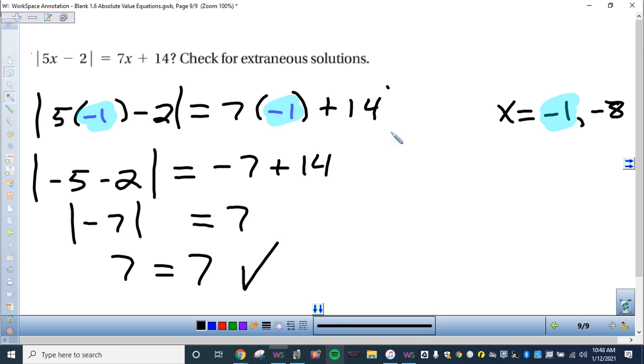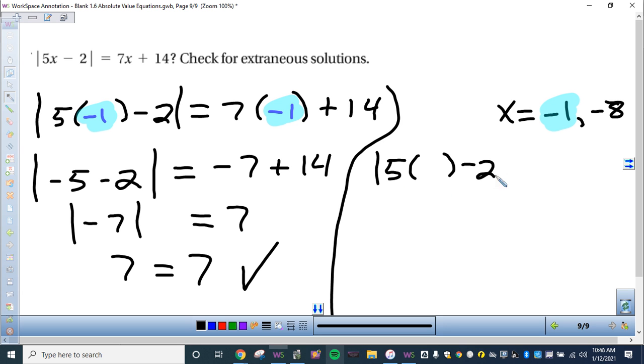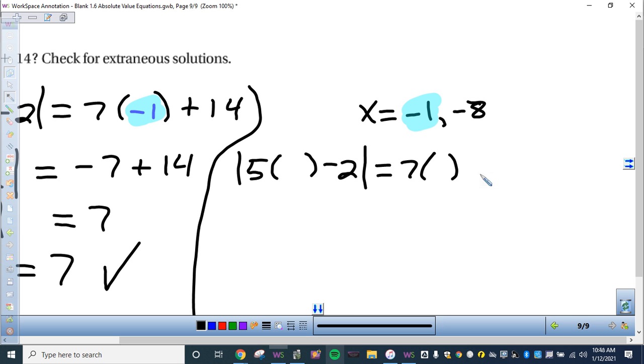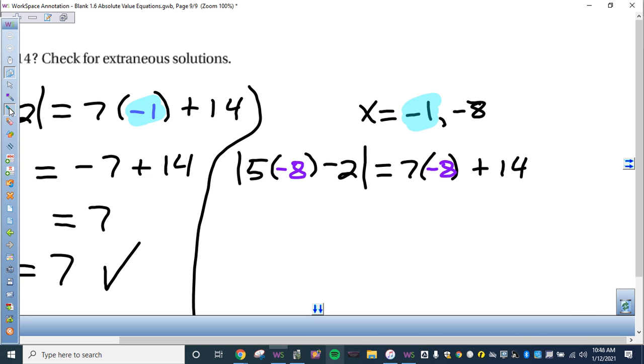Next one, we have absolute value 5 minus 2 equals 7 plus 14. So we have -8 in the parentheses, -8 in the parentheses.